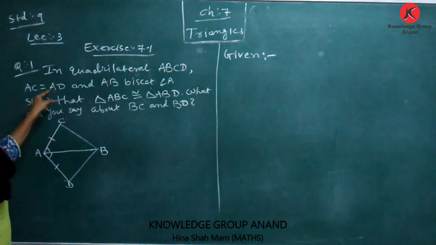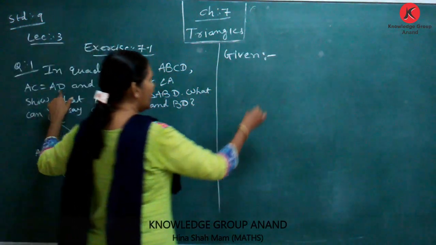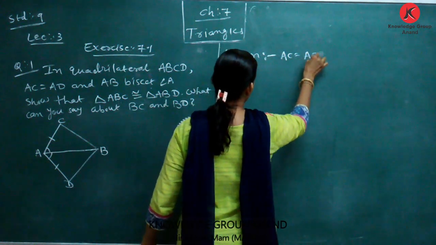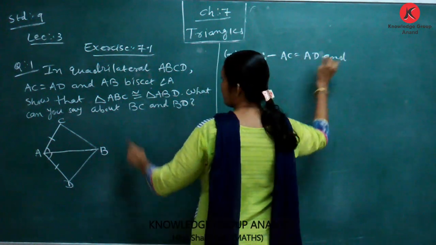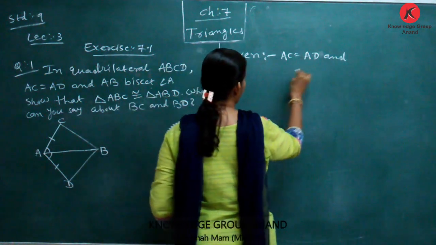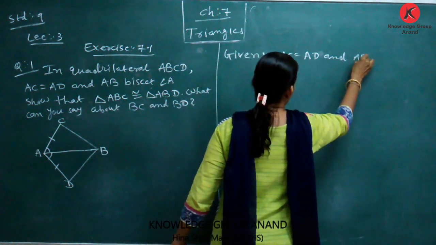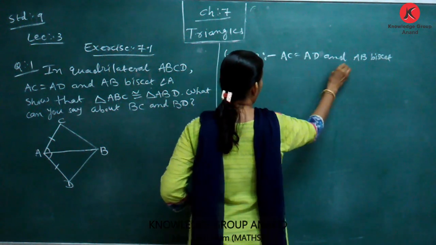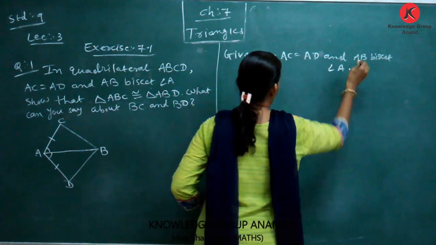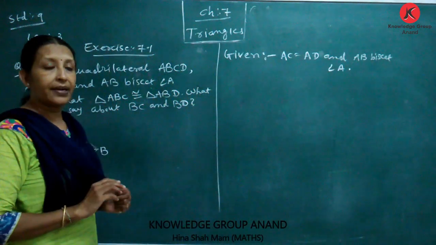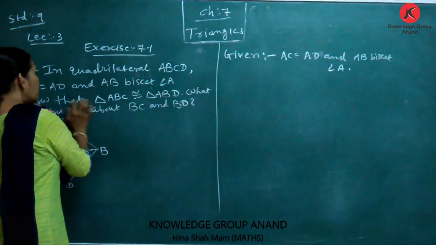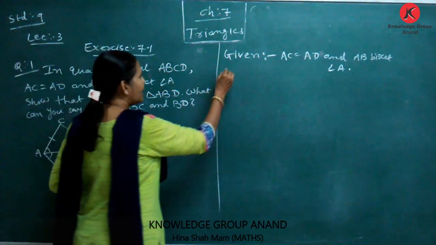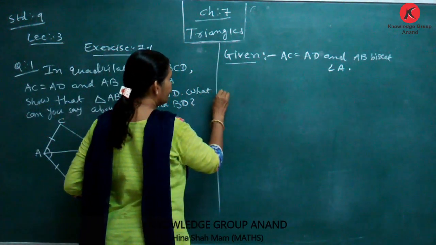In quadrilateral ABCD, AC is equal to AD, and AB bisects angle A. It is the given part. "Show that" is the part called to prove.